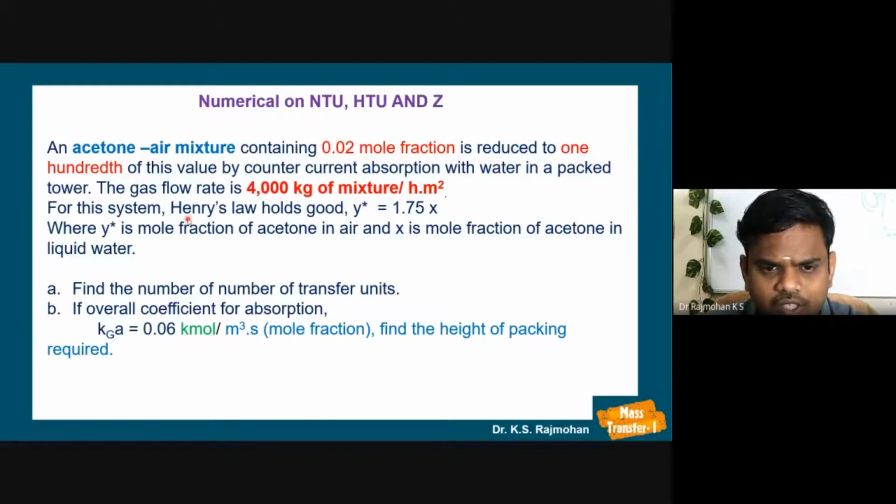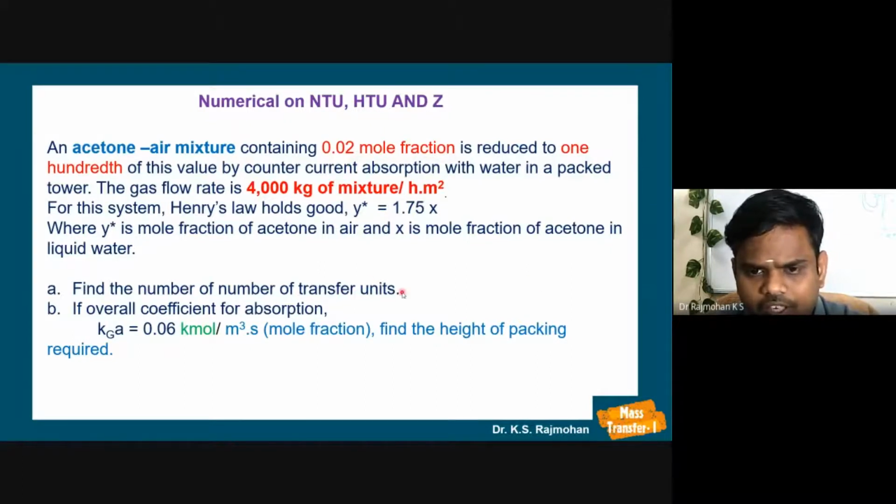For this system Henry's law holds good, given by y star equal to 1.75x, where y star is the mole fraction of acetone in air and x is the mole fraction of acetone in liquid water. Determine the number of transfer units NTU, and if the overall coefficient for absorption Kg into A is equal to 0.06 kilomoles per meter cube second into mole fraction, find the height of the packing required. So Z we have to find.